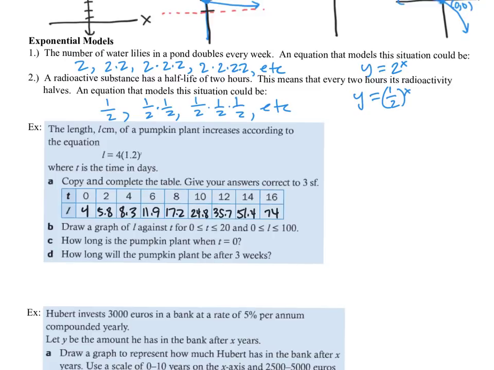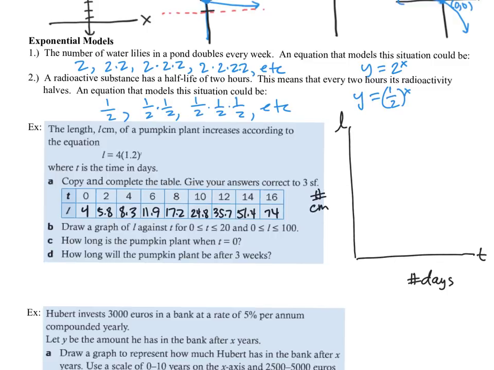So let's first of all draw and label our axes. So we're plotting L against t. So our length is going to be our vertical axis. And what are we measuring? We're measuring a number of centimeters. And then our horizontal axis will be t. And remember, that was number of days.